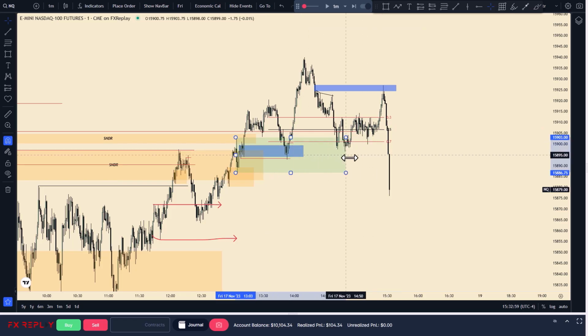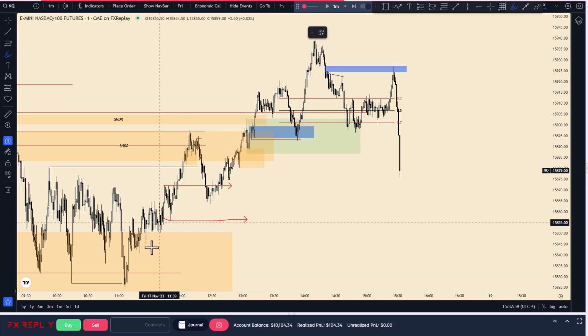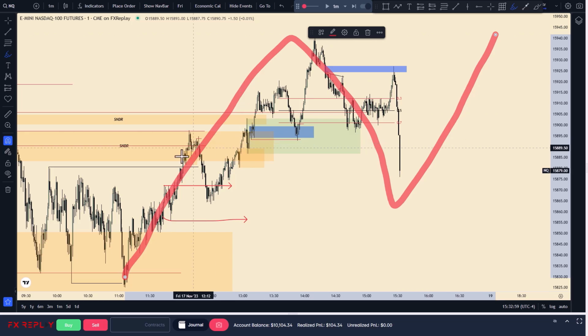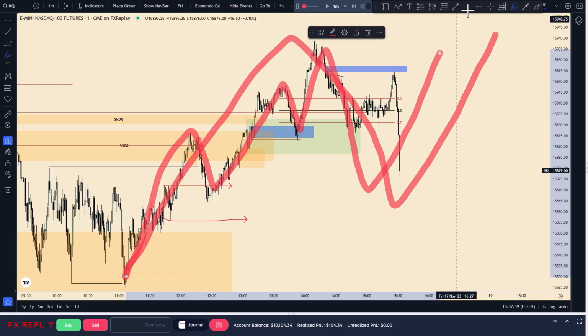This is the top of the range, and this was the previous pullback, right? You can definitely see a scenario like this. Or in the lower time frame, it can be something like this. This is like a first top, second top, maybe like this, okay?